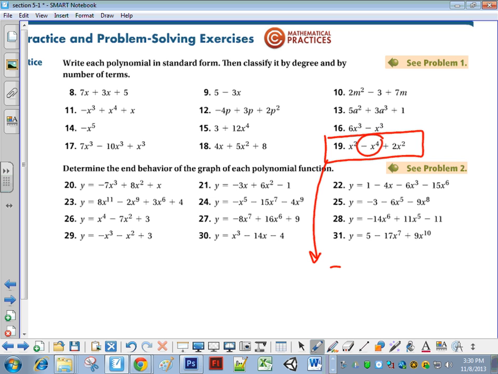So negative x to the fourth. Now I have x squared plus 2x squared. So I'm going to say plus 3x squared. The degree would be 4. Okay, the number of terms is 2, so it's called a binomial.